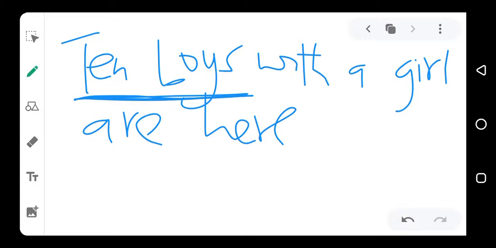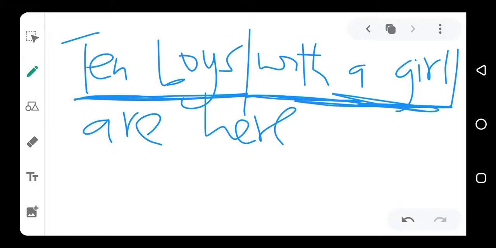Now we have with a girl. This is something coming in between the main subject and the verb, so we are not going to consider it. We take the main subject and create a relationship between it and the verb. The relationship should be plural because the main subject is plural. So that is why it is: Ten boys with a girl are here.